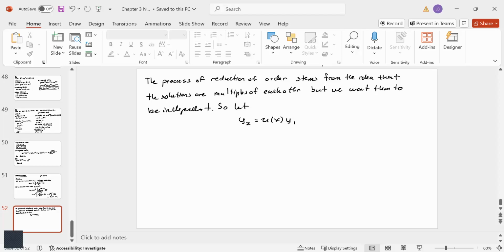If they were multiples by a number, then you could combine them. But if they're multiples by a function, then you can't combine them, which doesn't make them multiples anymore. So that's the idea: you're making them not multiples of each other. So how do we do that? Well, there's this whole process, and it basically comes down to substitution and integrating factor. So we're going to do an example from that.